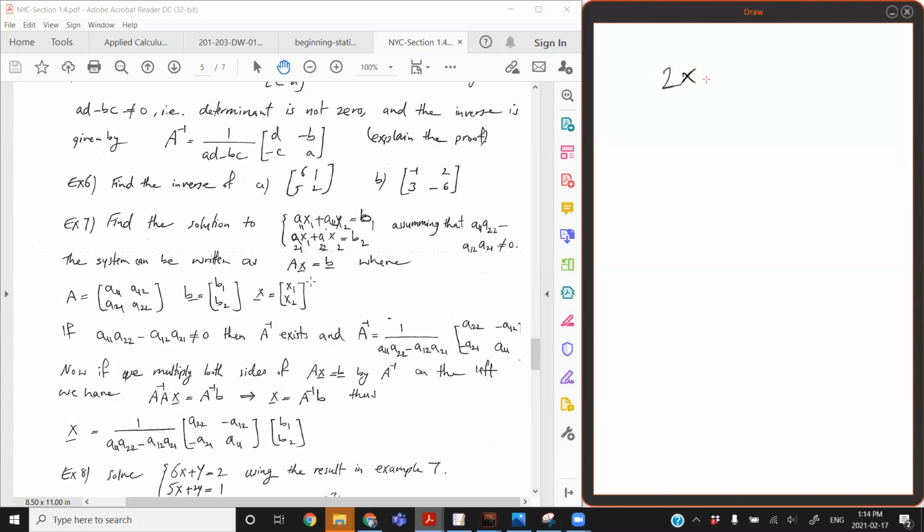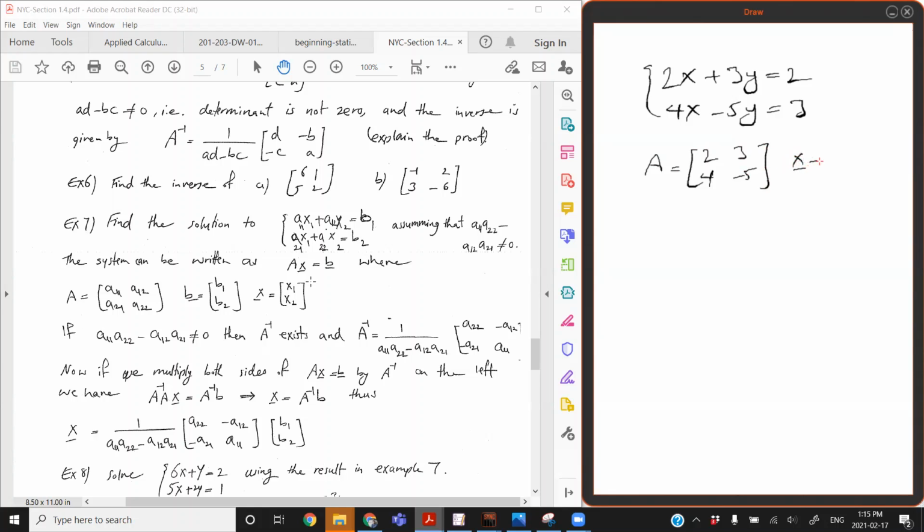So imagine you have 2x plus 3y is equal to, let's say, and 4x minus 5y is equal to 3, and you want to solve this system. Okay. So we know that we can write this system as a matrix equation where you use the coefficients, which are 2, 3, 4, -5.